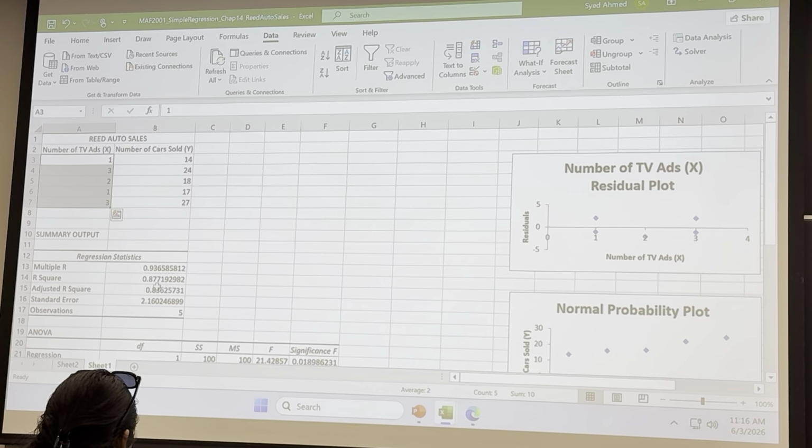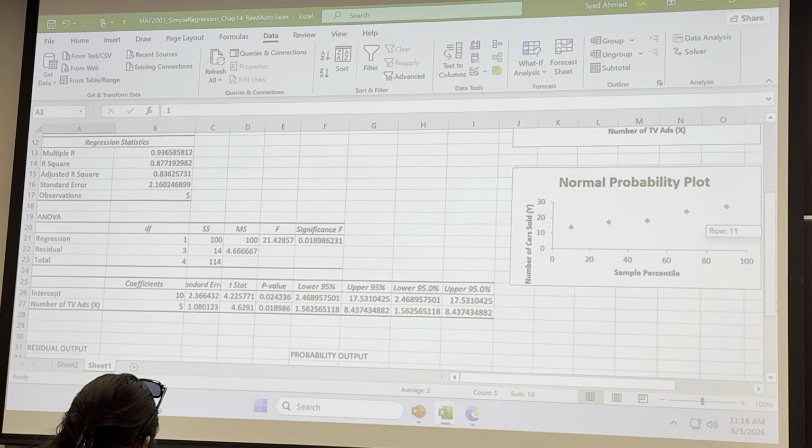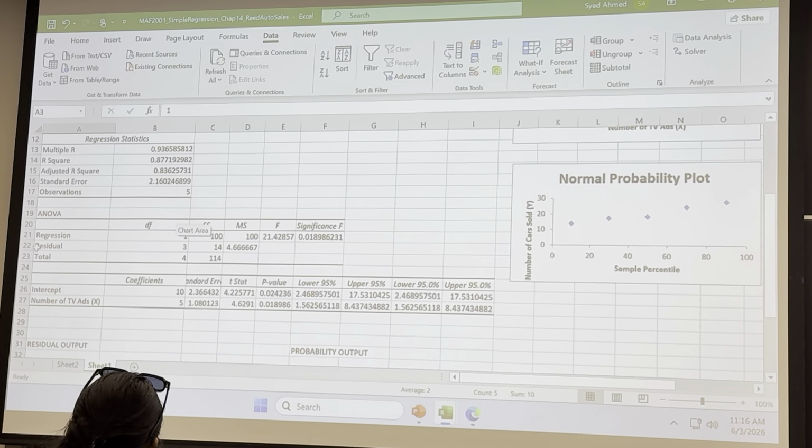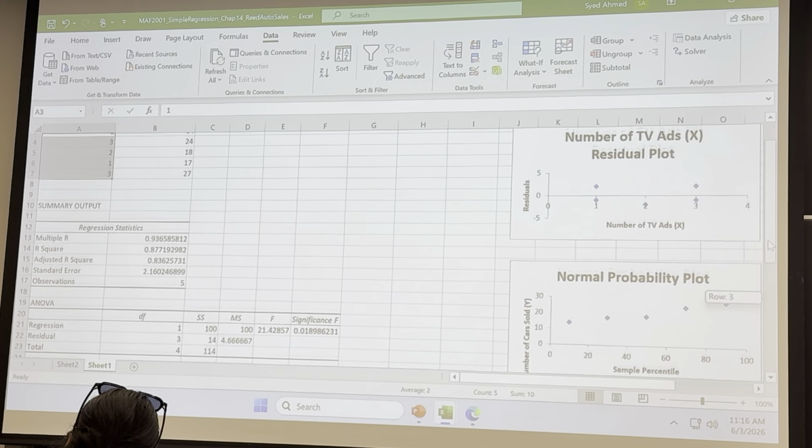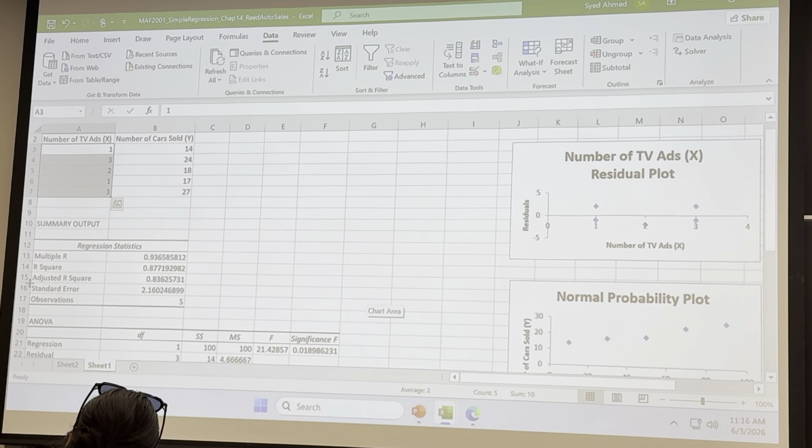Now: multiple R, R square, adjusted R square, standard error, observations. And then you have over here regression, residual, total, intercept, all that. Now, have you seen these numbers anywhere? Multiple R is just like the correlation coefficient. We did the manual calculation, you can check it.